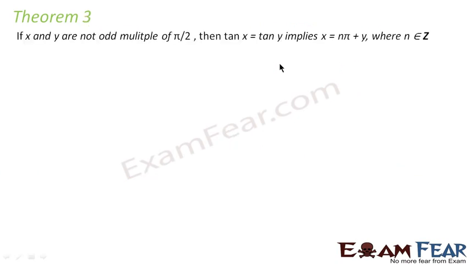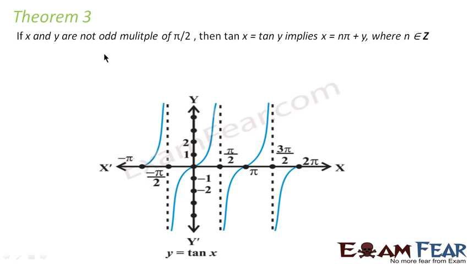Let's prove theorem 3. It says if x and y are not odd multiples, spelling is wrong, it's multiples of pi by 2, then tan x is equal to tan y implies x is equal to n pi plus y. So going by this graph, we see that if we take this value of x here, we draw a horizontal line, the point where it touches this.